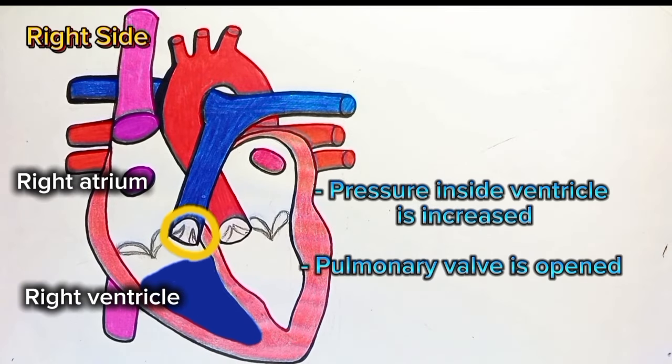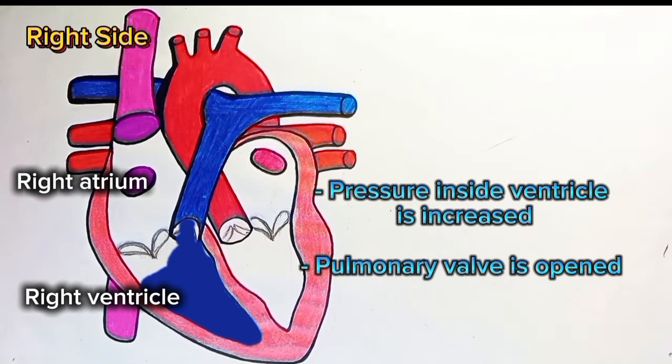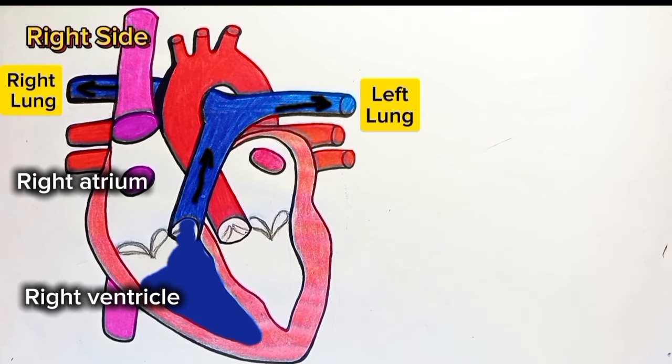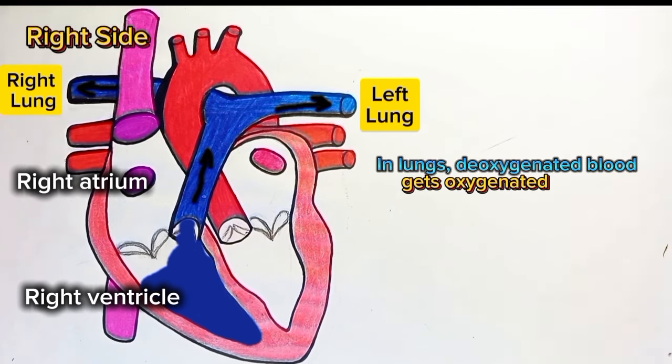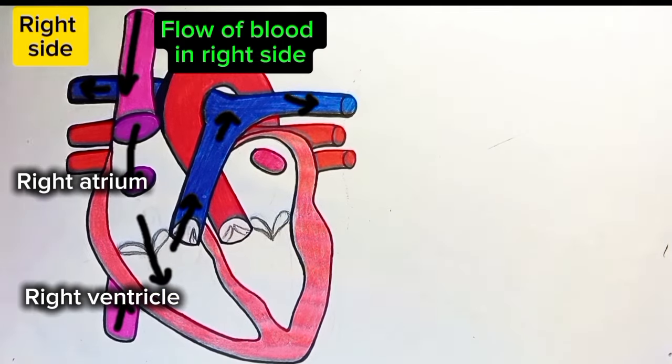So the pulmonary valve is opened and the blood is pumped into the pulmonary artery. The pulmonary arteries carry deoxygenated blood to both lungs. In the lungs, the deoxygenated blood gets oxygenated. Blood flow in right side.